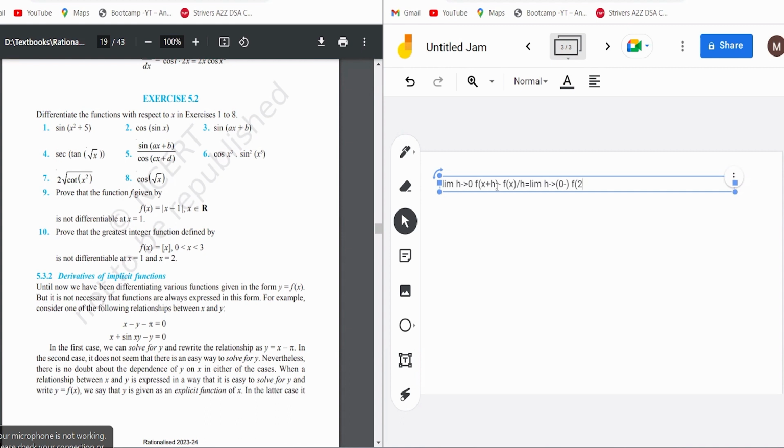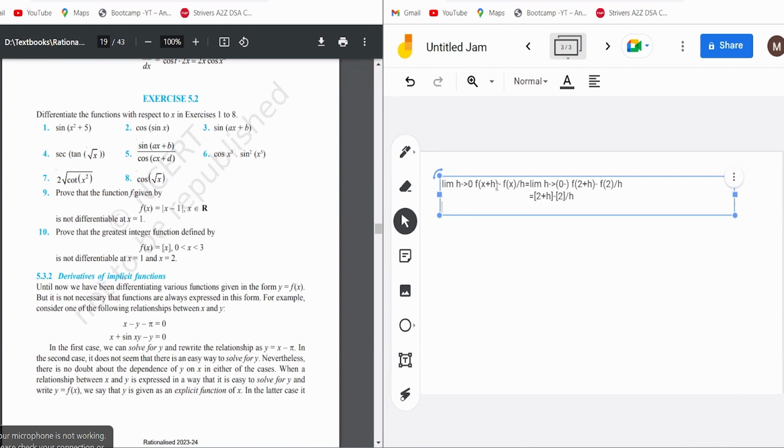It would be f of 2 plus h minus f of 2 divided by h. Simple. So from here I will get the greatest integer function of 2 plus h minus greatest integer function of 2 divided by h.